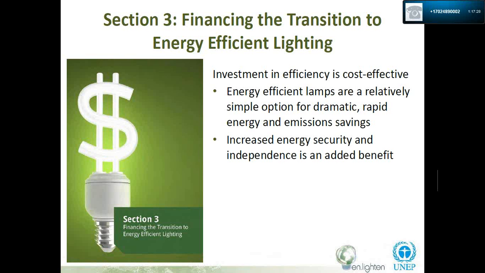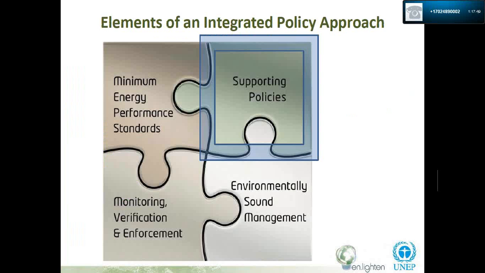They can't just add to the budget. They have to be able to prove that any expense will give a good return on investment. So energy efficient lamps are a relatively simple option for a rather dramatic and rapid change, and a very quick way to bring energy and emission savings online fast. Next slide.